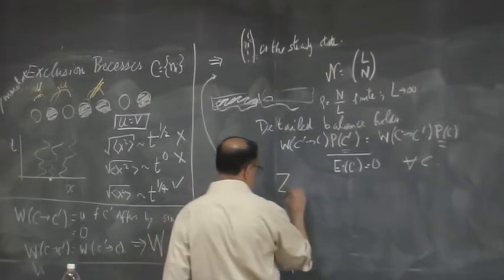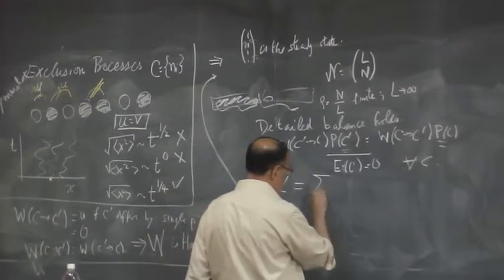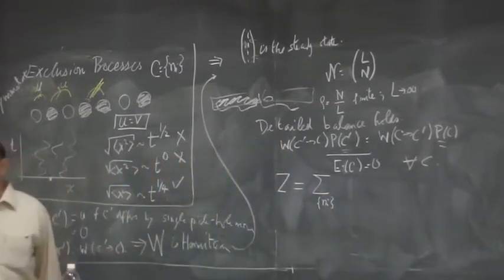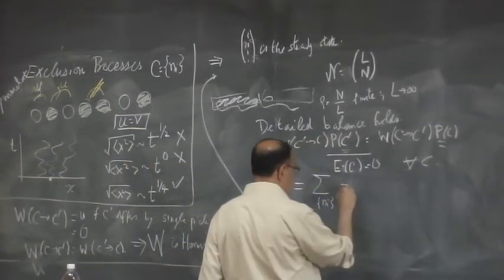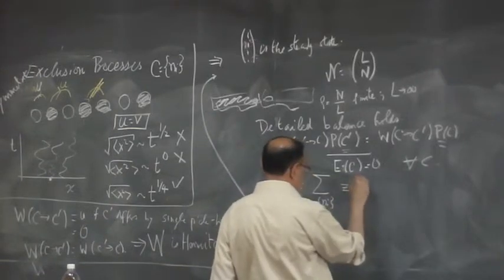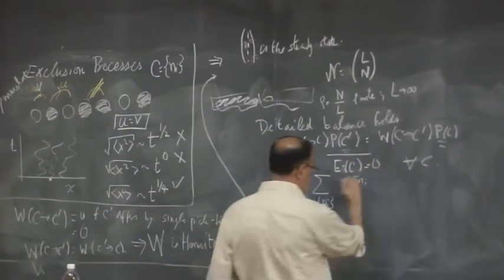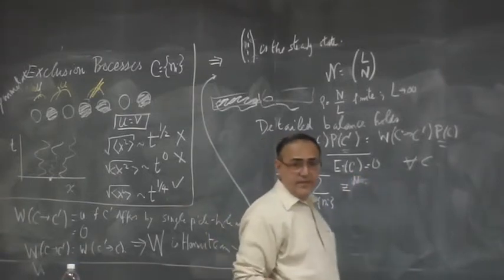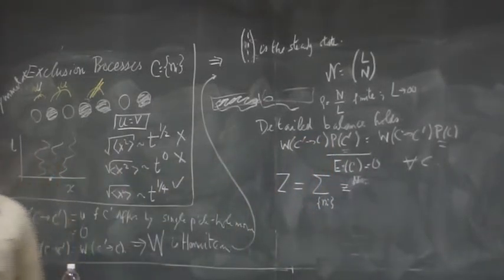Therefore, the grand partition function will equal the sum over all configurations, and we need not restrict ourselves to any subspace with a given number of particles. This is z to the power of the sum of n_i, times e to the minus beta energy, but the energy is zero, so that's 1.